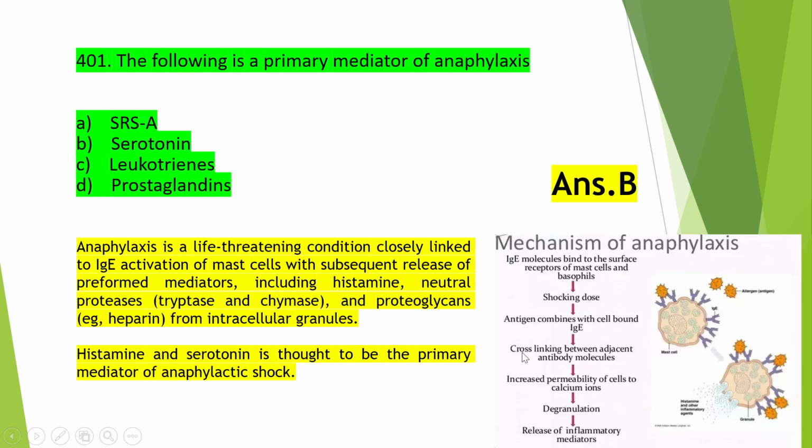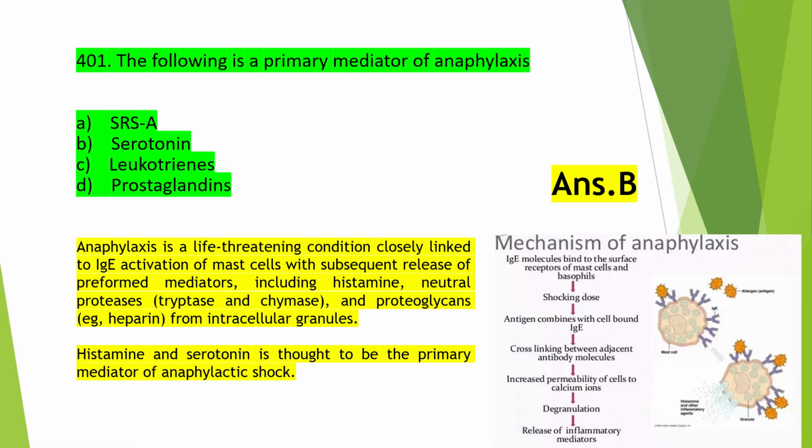Next, cross-linking between adjacent antibody molecules increases the permeability of cells to calcium ions, and in the end degranulation occurs with release of inflammatory mediators, that means histamine or serotonin. So this is all about anaphylaxis.